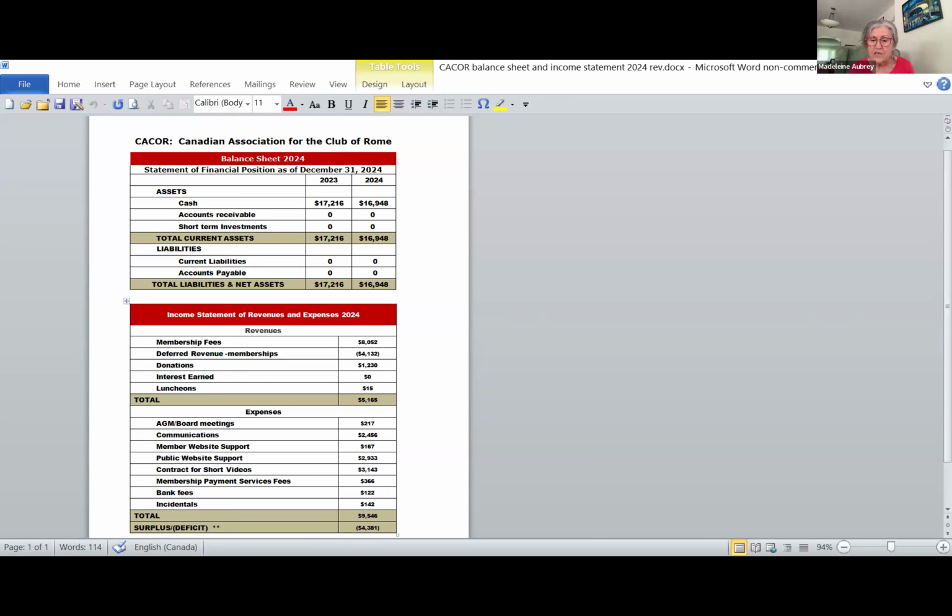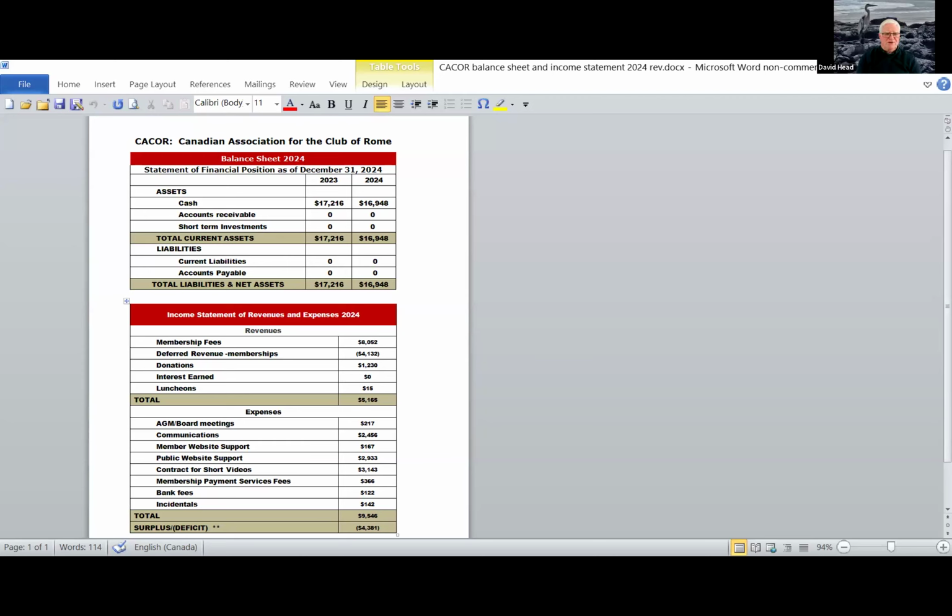For other associations, I see sometimes this broken down. It makes it clearer as to where it's going, and it also serves when the board is looking at a budget and looking at where we're putting most of our money. I know that there are other people like me who are participants at this AGM, and they might have the same questions. So it's just a question of clarification for you, David.